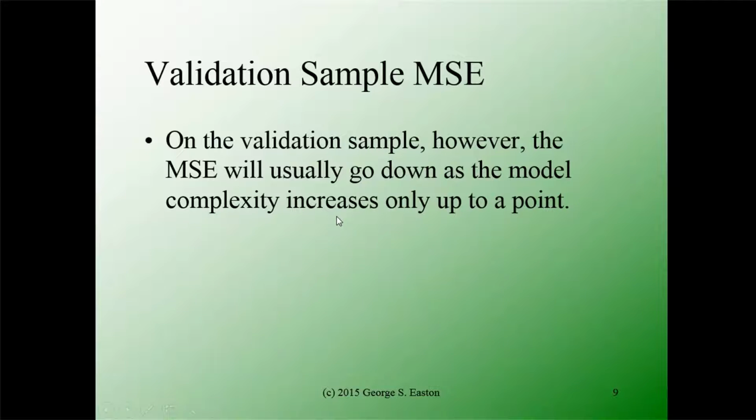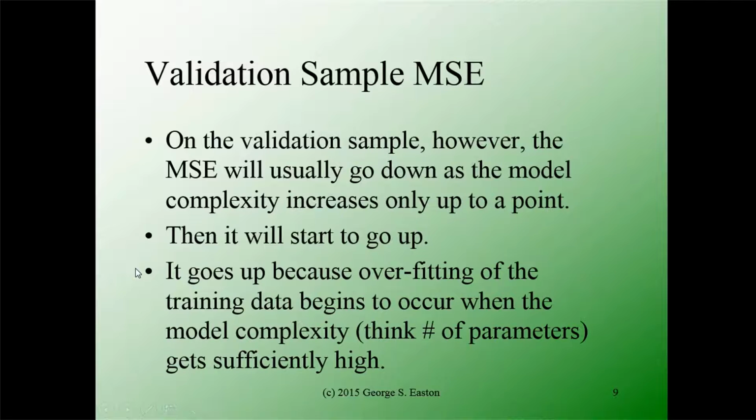The mean square error is going down initially as you increase complexity because the bias is being reduced. But then the mean square error on the validation sample will start to go up. And it goes up because of the phenomenon of overfitting. And overfitting begins to occur when the model complexity gets sufficiently high that random features of the training data are being fit by the model.